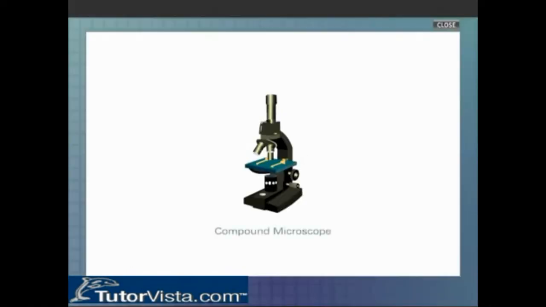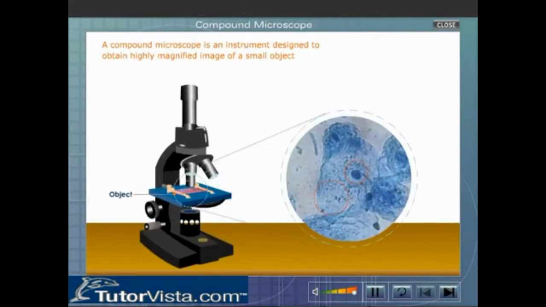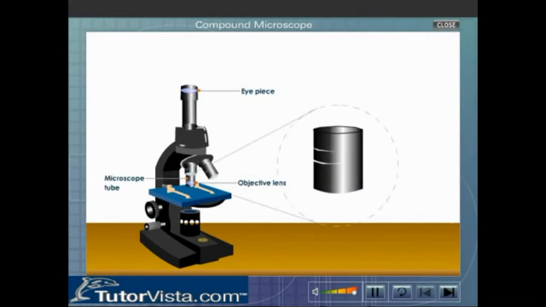Compound microscope. A compound microscope is an instrument designed to obtain a highly magnified image of a small object. A compound microscope consists of an objective lens, an eyepiece, and a microscope tube.